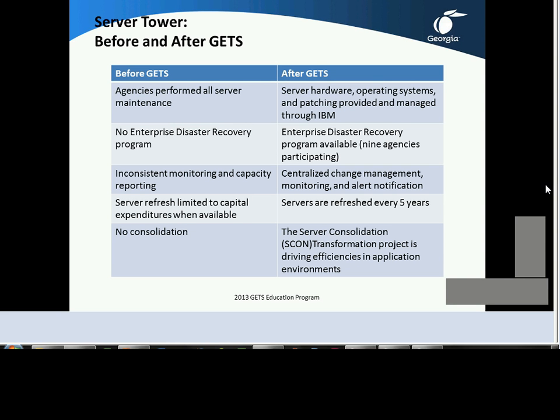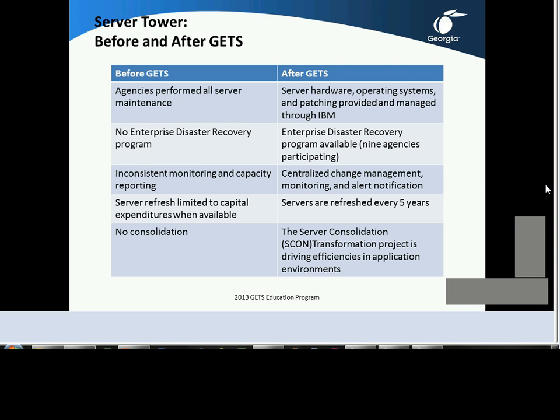So let's talk about the server tower before and after GETS. Before GETS, agencies performed all their server maintenance, and then through GETS, all the hardware and operating system care and patching is provided by IBM. The agencies still own the application and database space in the server tower.